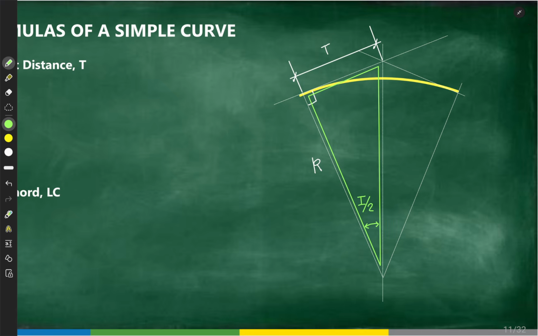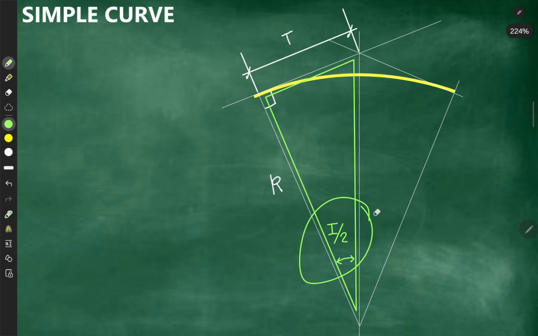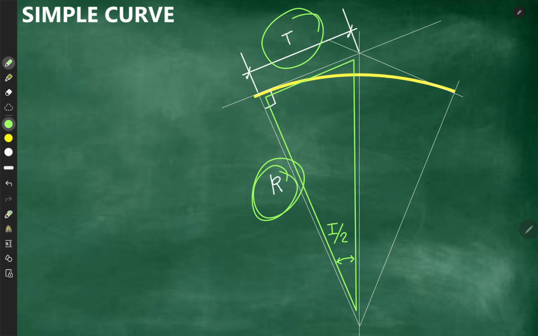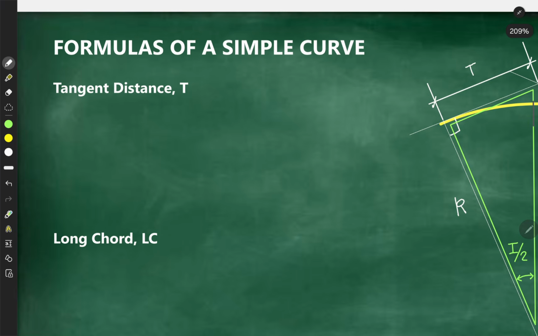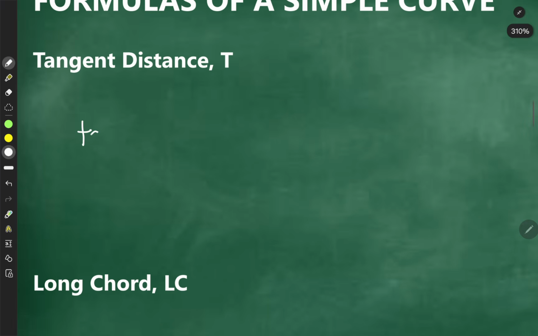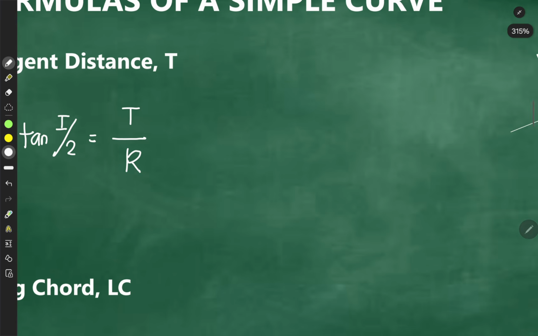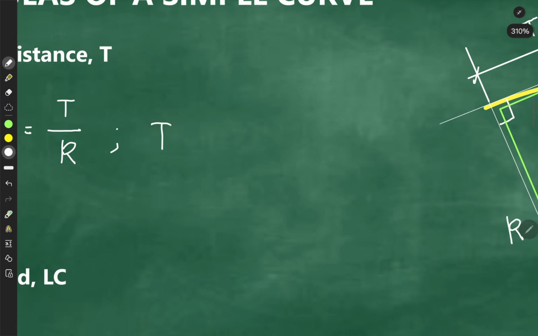For our tangent function, tangent I over 2, it's just equal to t over r. So, ibig sabihin, if we want to get the tangent only, so that is just equivalent to t equals r tangent I over 2. So this is now our formula for tangent.